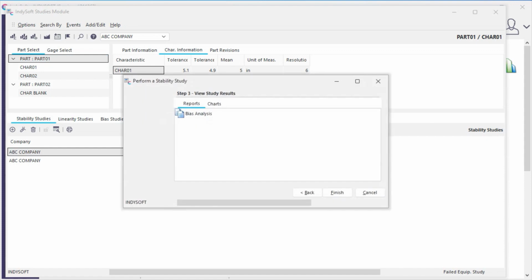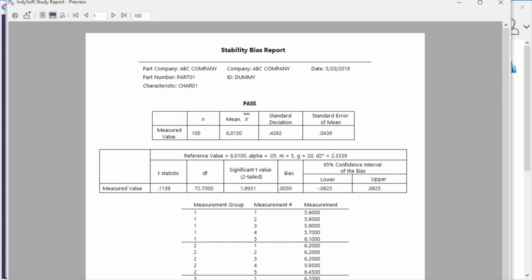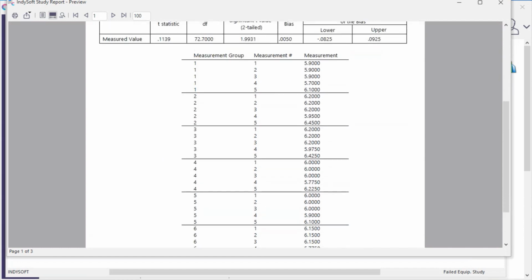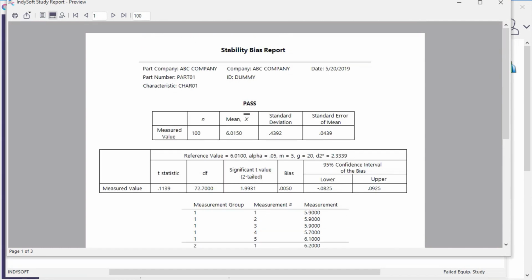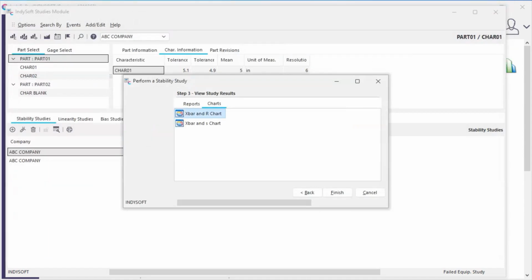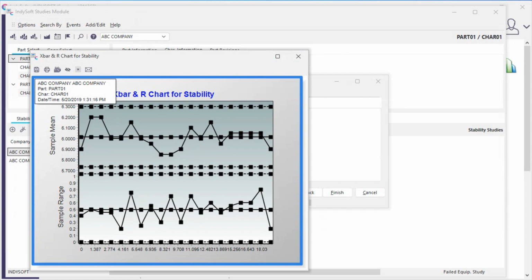Here you can see that we have a report. All of the reports in here are based off of what's defined in the MSA 4th edition. You've got your measurements over time, and we also have charts, which again are the ones specified in the MSA.